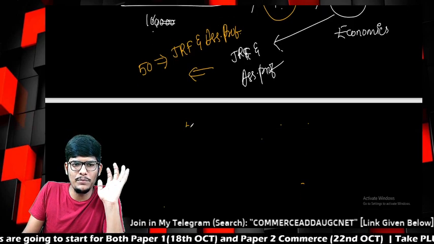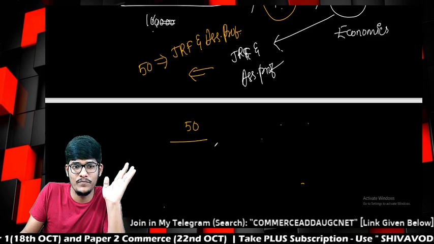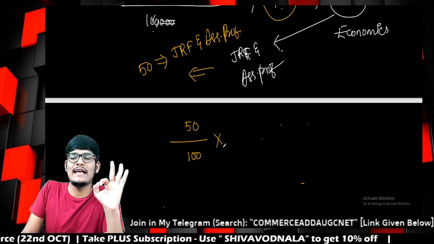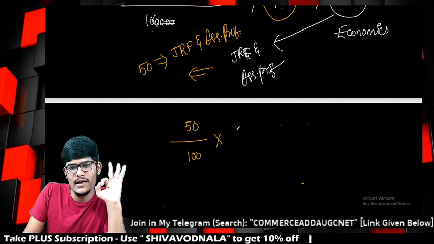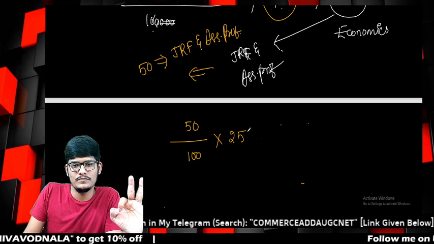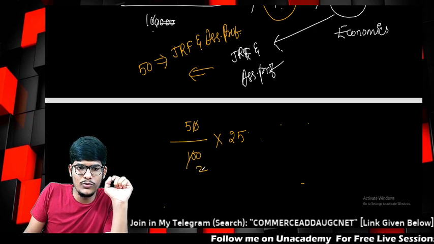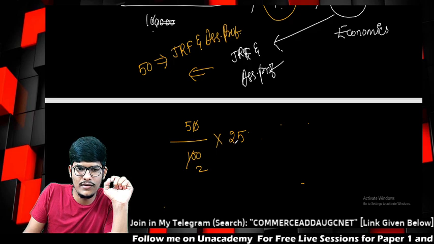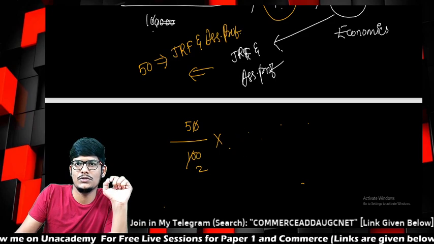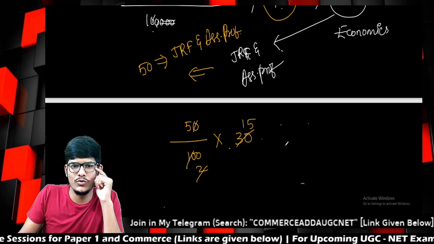Now, on that 50%, guys, 50% who applied for the JRF out of the qualified persons, and the number of candidates who qualified is 100, multiplied by total slots available in the ST category, take it as 25. Or take it as 20, take it as 30, guys. A bit out. 30.